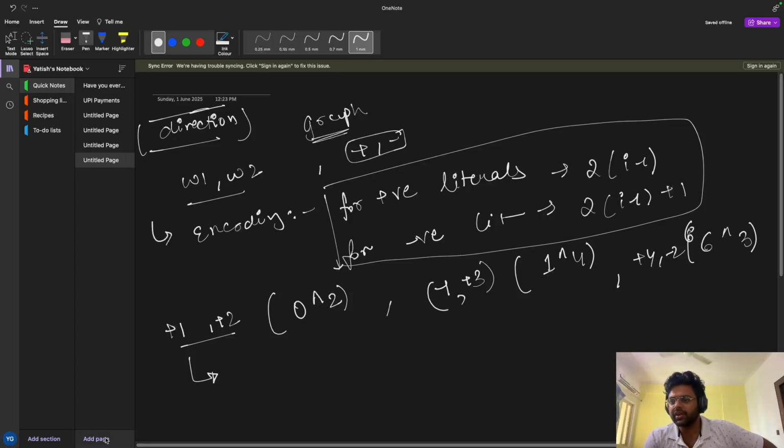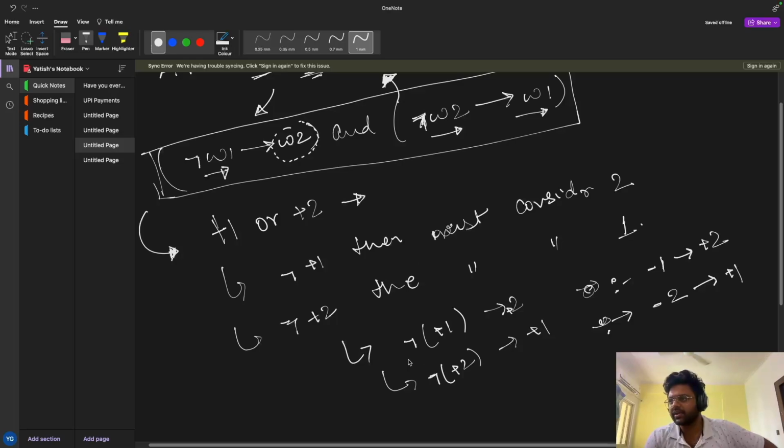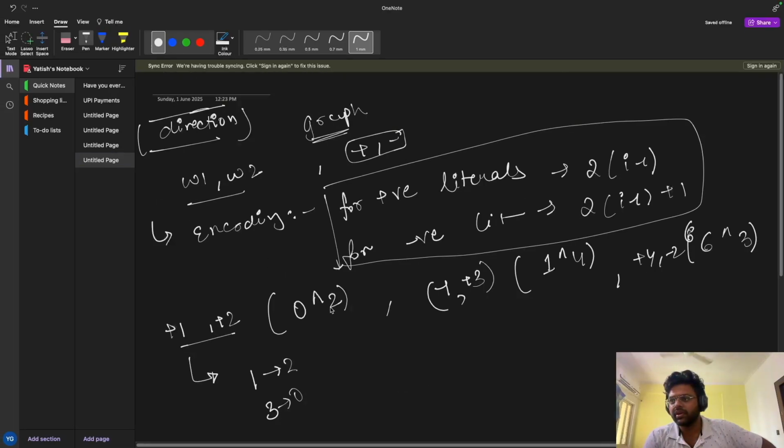Let's see how we can make the graph for this. The edges we would be considering are plus 1 to plus 2, then 3 to 0, according to the equation that we have deduced here. And for 0 to 4 and 5 to 1, and for this it would be 7 to 3 and 2 to 6.